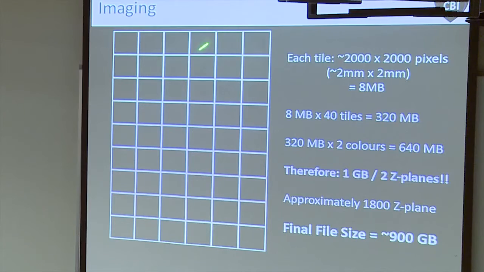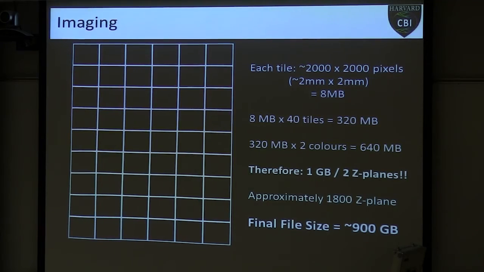All right. So just to go back to the image of a brain, I don't know why that disappeared. So this is how we acquire it. Each one of these tiles is going back onto an sCMOS camera. So there's approximately 2,000 by 2,000 pixels there. Each field of view is approximately 2 millimeters by 2 millimeters. So each one of these tiles for a single plane is about 8 megabytes.